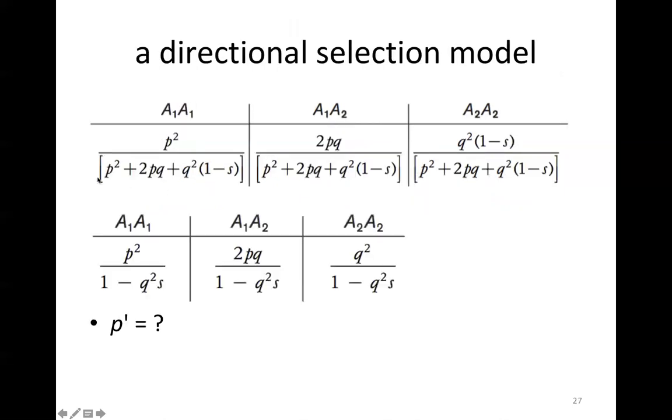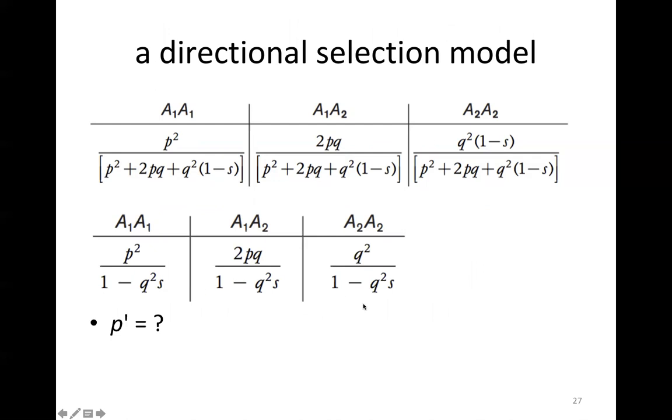And given that, you should be able to reorganize this part of the equation, simplified to 1 minus Q squared S. This is the same thing, the same values, just simplified.